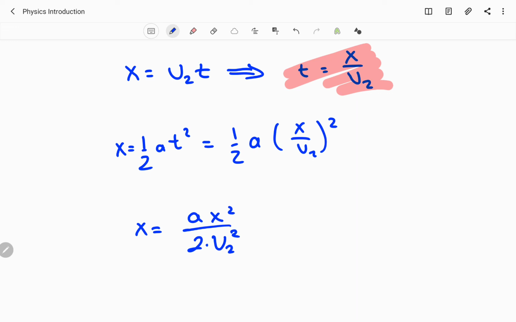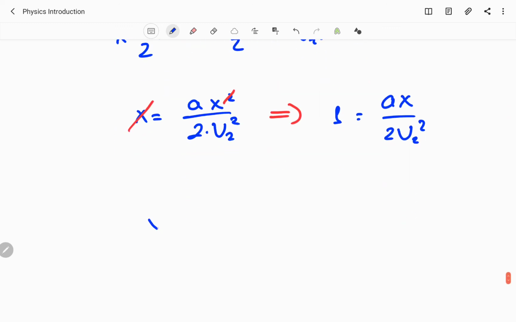So as you see, we can cancel one of the distances, and finally we will have this kind of equation: 1 equals acceleration times distance over 2 v2 squared. So from here, distance equals 2 v2 squared over a.